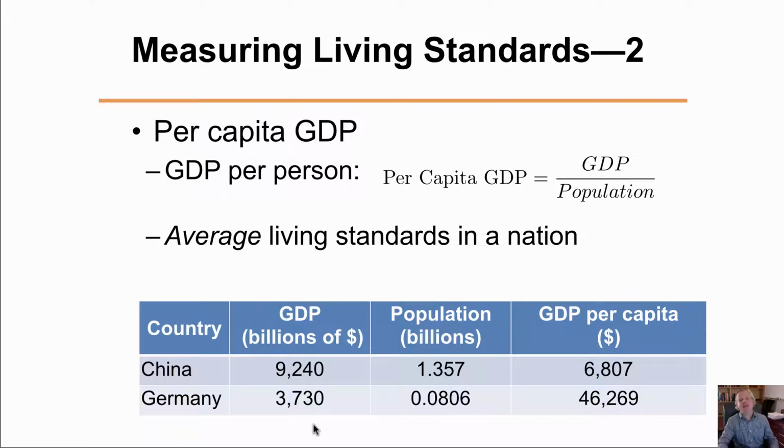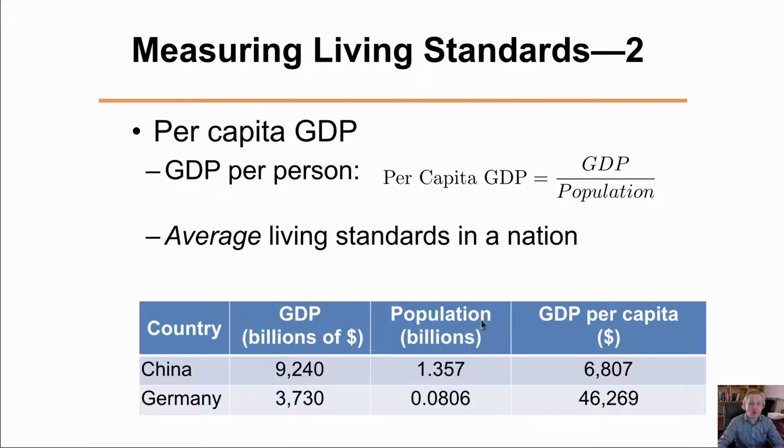So one way we can see that is in comparing, say, China to Germany. China has a very large GDP here, $9,240 billion is its total economic activity within China, and Germany has 3,730. So at first brush, you might think that China has a higher standard of living. Of course, if you didn't know anything about the real world and you were just looking at these numbers, you might think that.